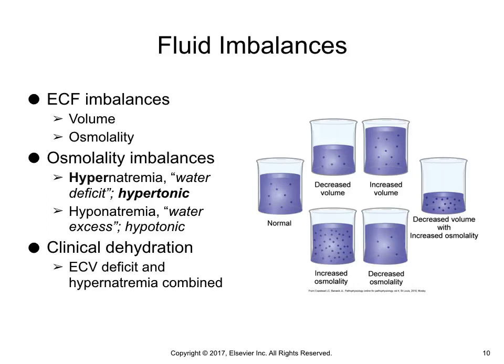Two major types of fluid imbalances are known: volume imbalances and osmolality imbalances. Volume imbalances are disturbances of the amount of fluid in the extracellular compartment. Osmolality imbalances are disturbances of the concentration of body fluids. Volume and osmolality imbalances may occur separately or in combination.